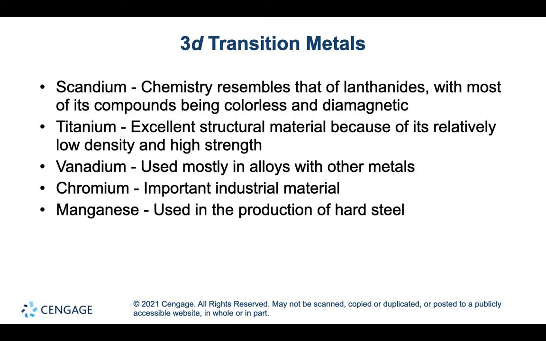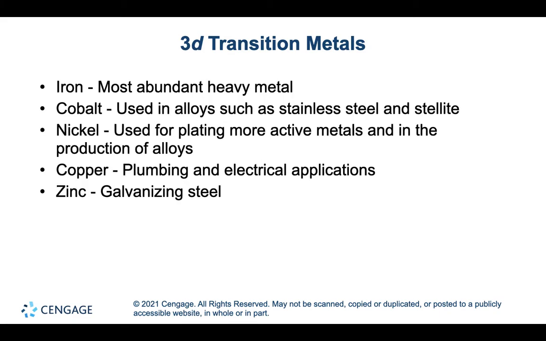Manganese, it's one of the elements that's alloyed into very hard steel. Iron, this is our one that we make into steel, so it's a very important economic element. Cobalt, also used in alloys like stainless steel or stellite.